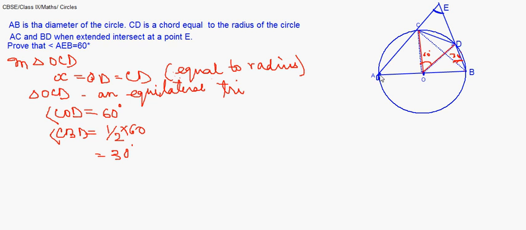Angle ACB, on the other hand, this one, ACB is 90 because that's an angle in the semicircle.